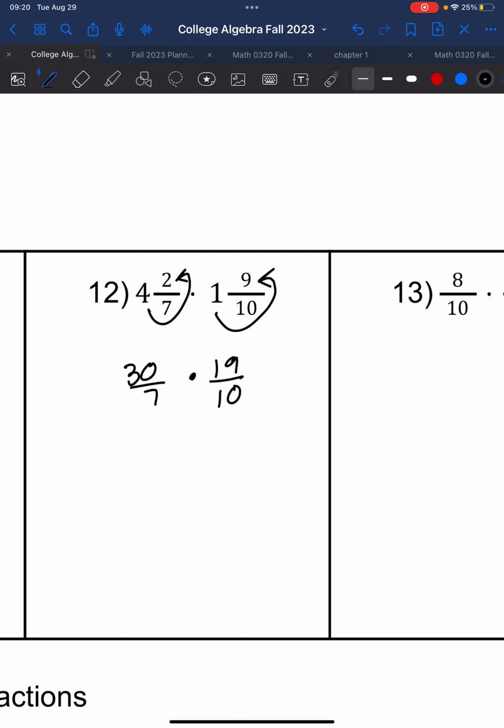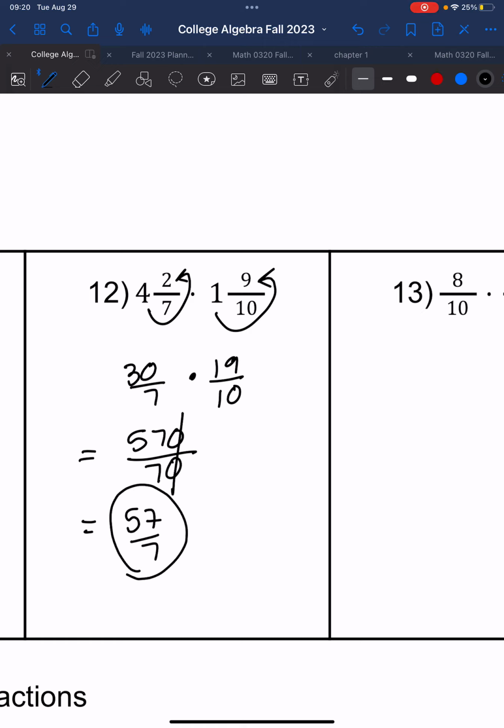So if I just multiply these across, 30 times 19 gives us 570. 7 times 10 gives us 70. Right away, I know that I can reduce this quickly because they both end in 0. So those zeros cancel, and I'm left with 57 over 7, which is my answer. Okay. When I canceled those zeros out, that's the same as me saying I'm dividing the top and bottom by 10 to reduce it.